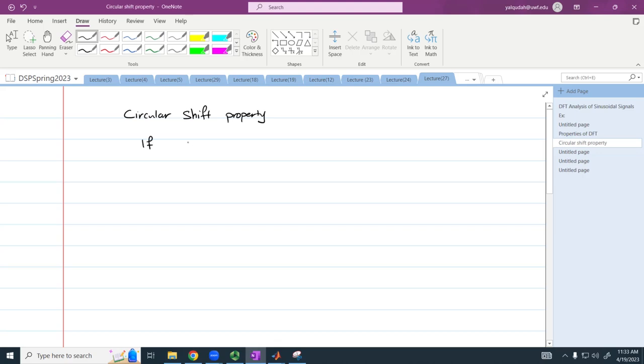If you have x of n, and x of n has a discrete Fourier transform that is x of k, then if you do a circular shift on x of n, the circular shifted signal is going to have a discrete Fourier transform that is equal to e to negative j 2 pi k multiplied by m divided by n, multiplied by x of k.